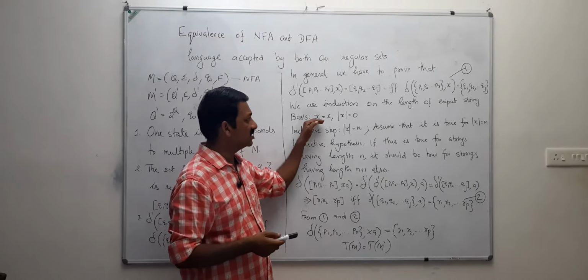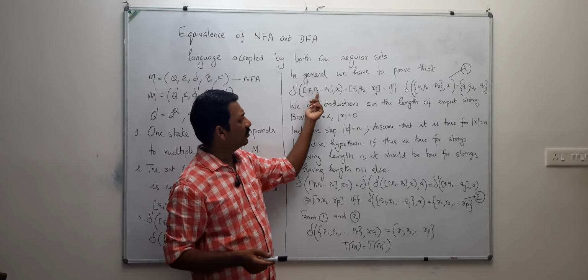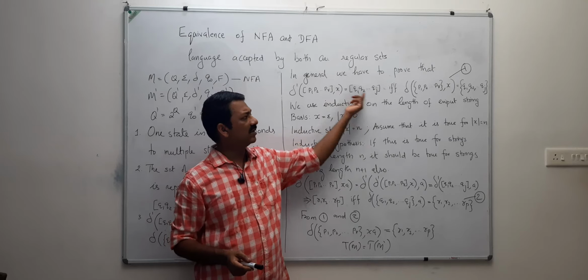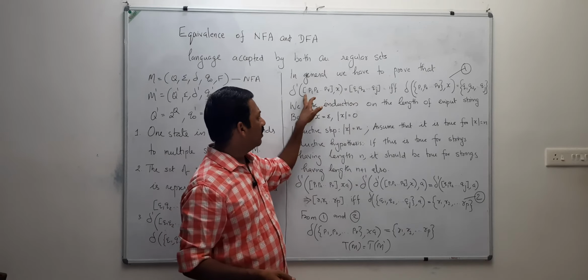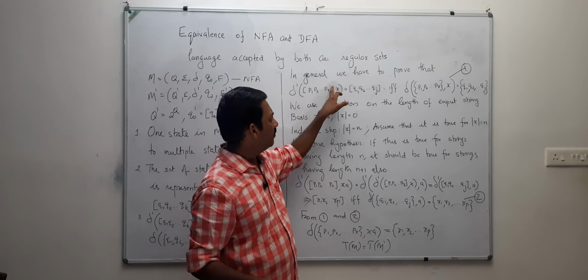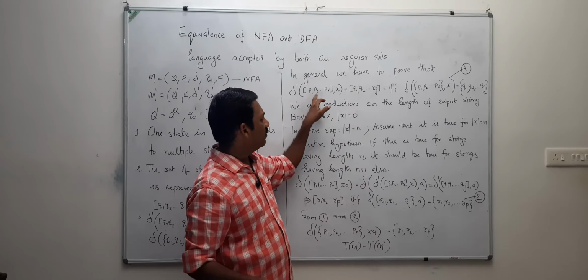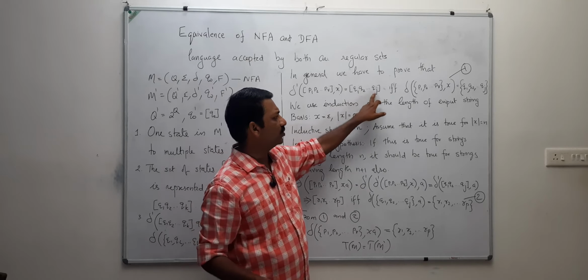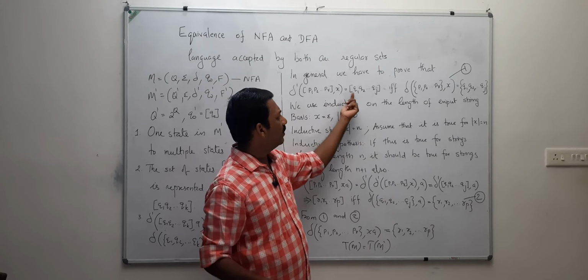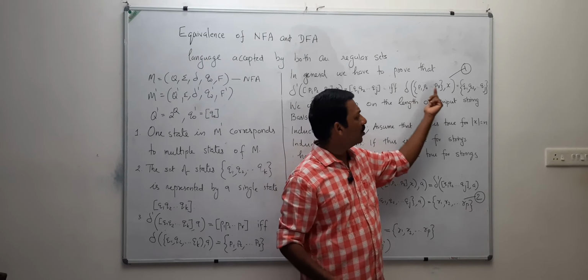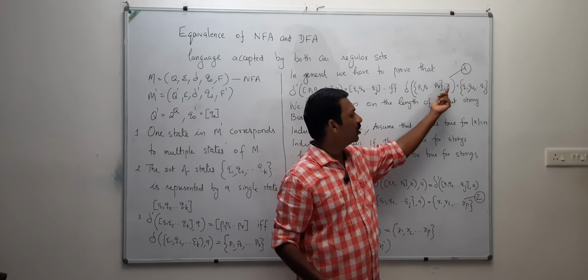Hence this is true. That means P1, P2, etc. up to PR on epsilon will stay in the same state. This is a single state. P1, P2, etc. up to PR on epsilon is equal to Q1, Q2, etc. up to Qj. Then P1 on epsilon, P2 on epsilon, etc.